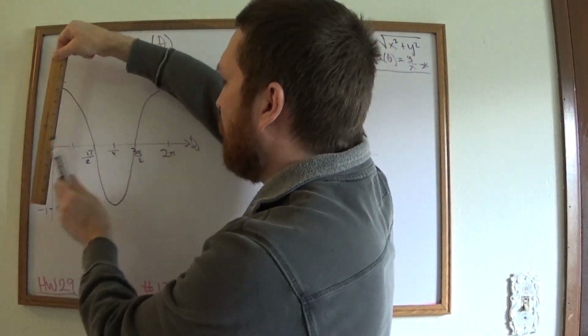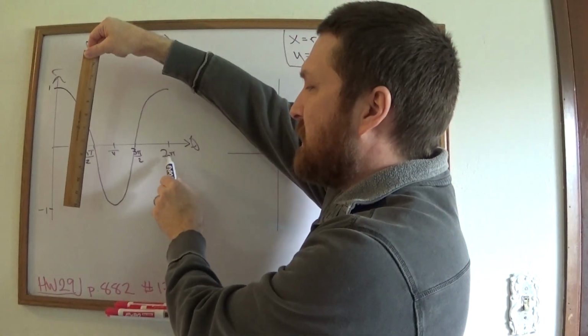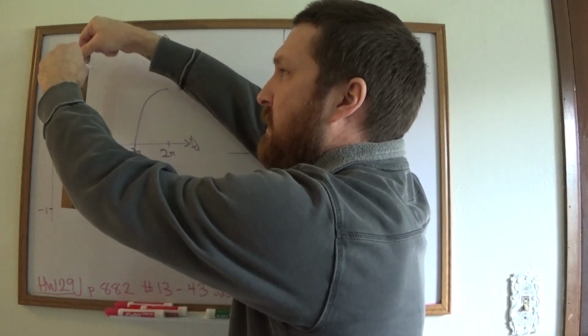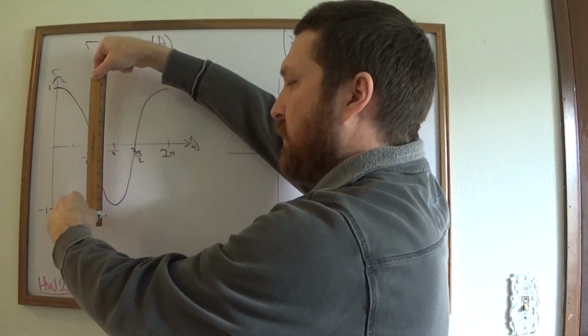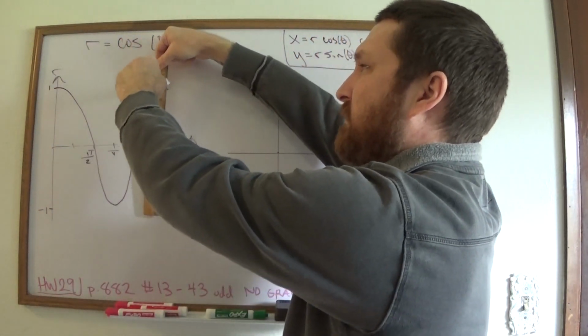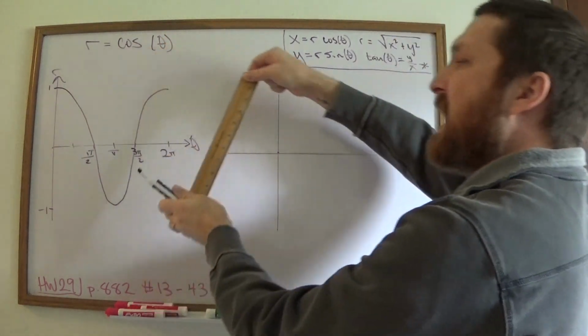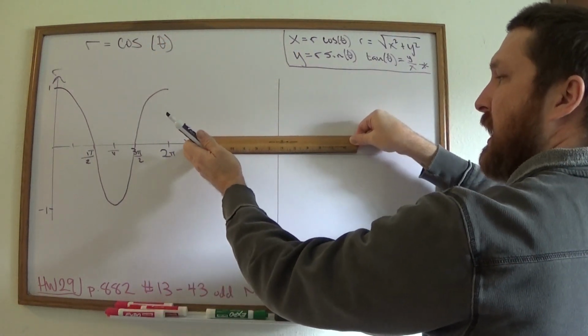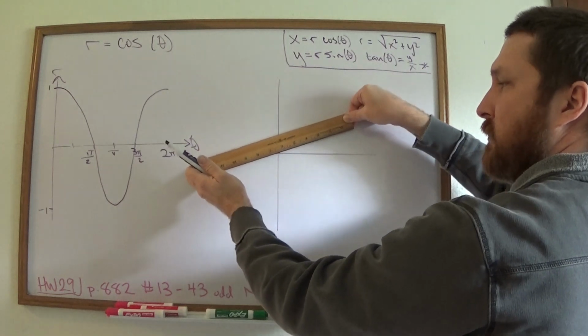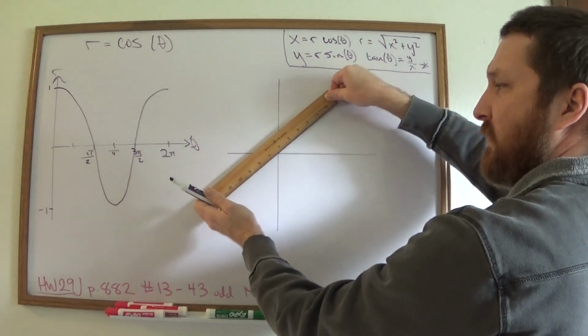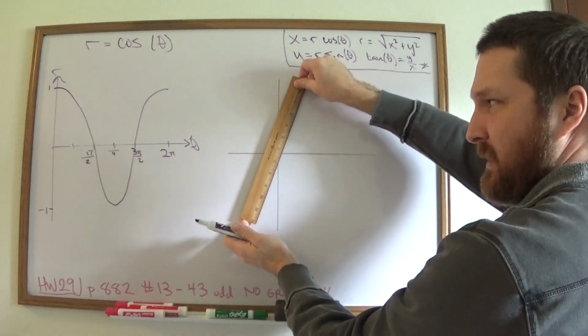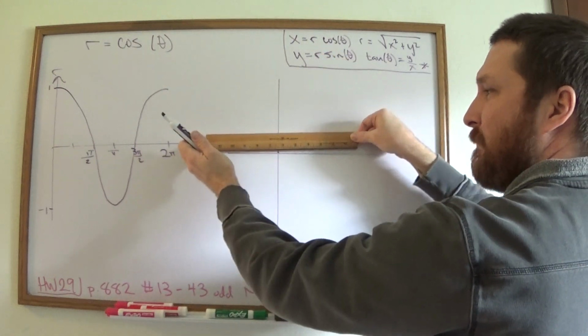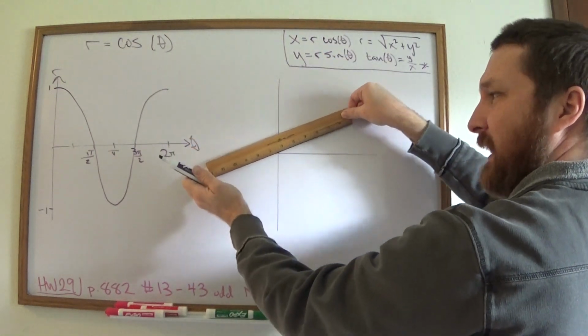It takes a total of 6.28 seconds, drops down after 3.14 seconds, and comes back up after 6.28 seconds. As long as I take this and just move it around at the same rate, right? So I'm going 1 radian per second.